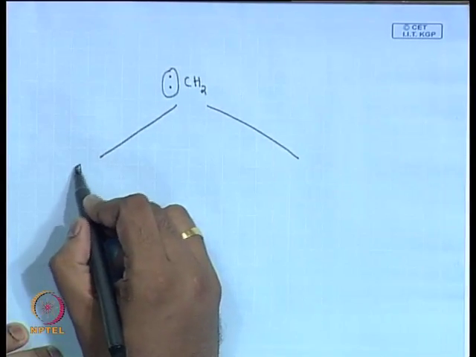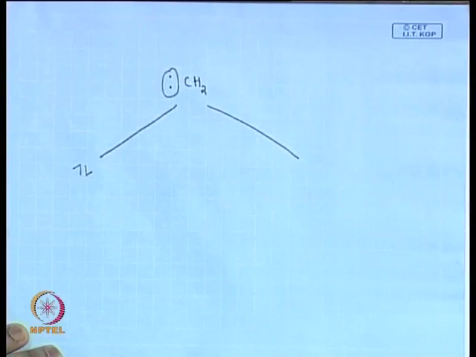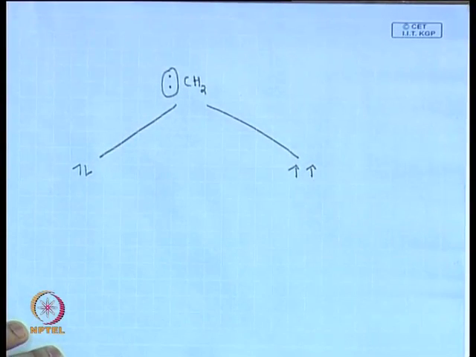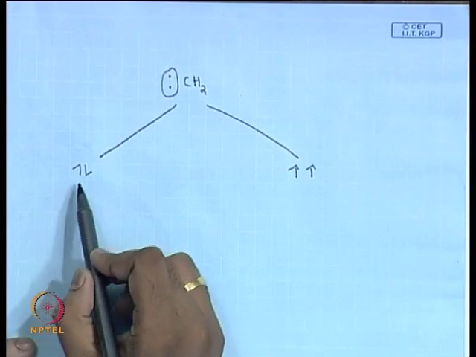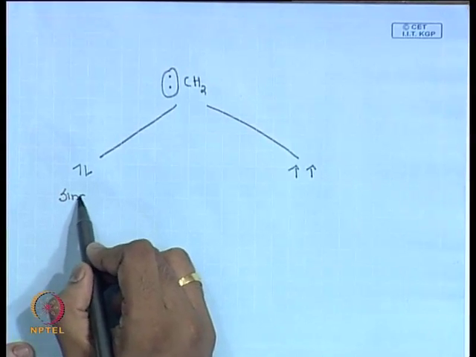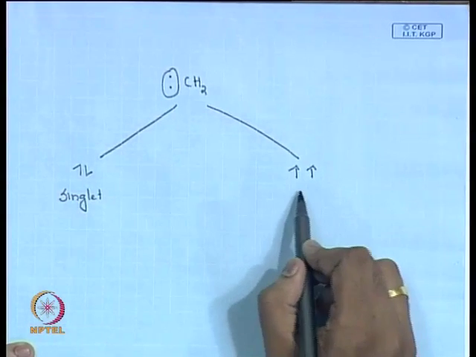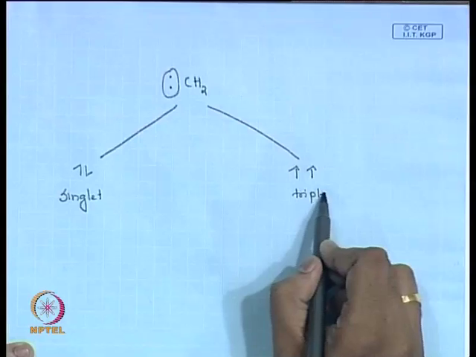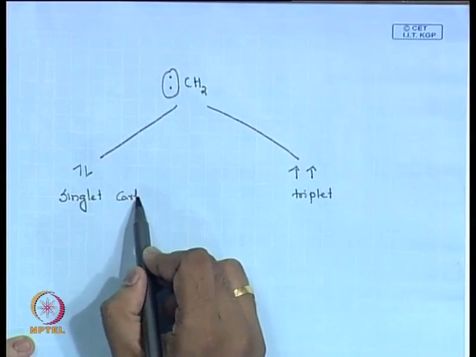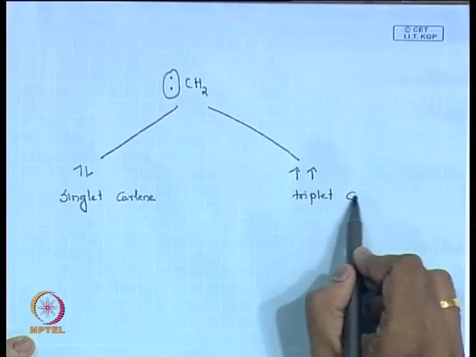I can write the spin in this direction, or I can write the spin like this. We know that if the spins are paired we call it singlet, and if they are parallel we call it triplet. So we call them a singlet carbene and a triplet carbene.